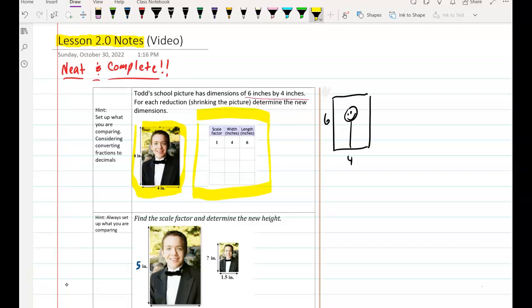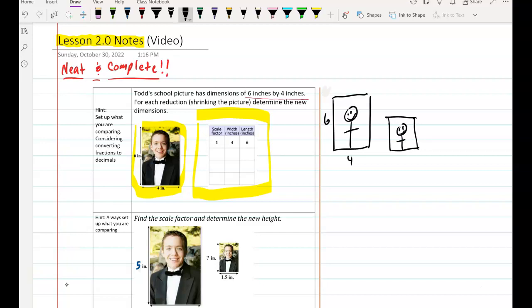Now, for each reduction, that means we're shrinking the picture, we are going to figure out the new dimensions. First of all, make sure that you copy this table down. Feel free to pause the video at any time that you feel you're falling behind. All right, so we're going to be shrinking the picture of Todd, so it looks the same as the original, it's just smaller.